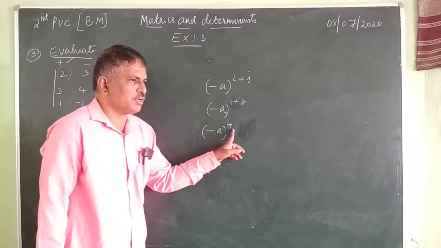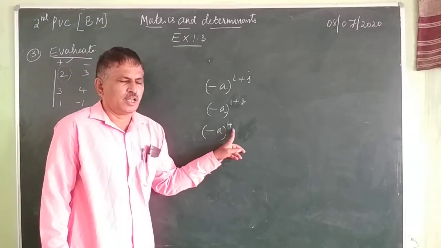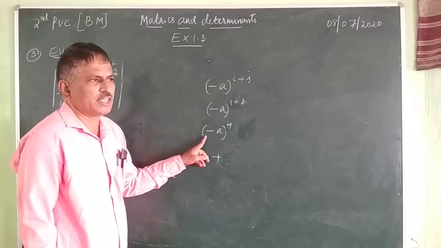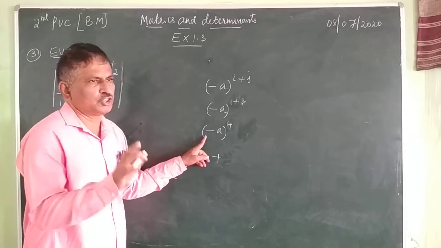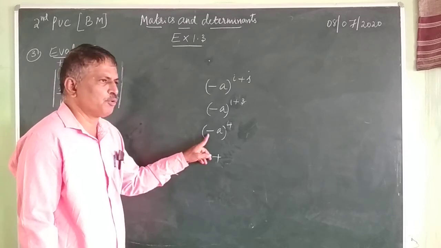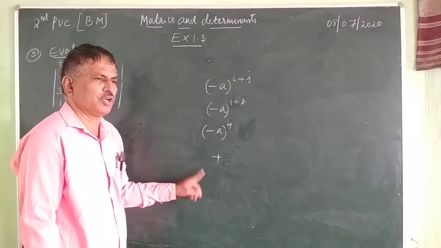Remember, whenever the power is an even number, like 2, 4, 6, 8, whatever the sign is, it will become positive only. If it is a negative sign, it becomes positive; if it is positive, it stays positive.